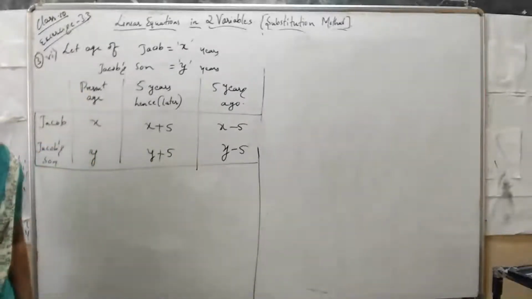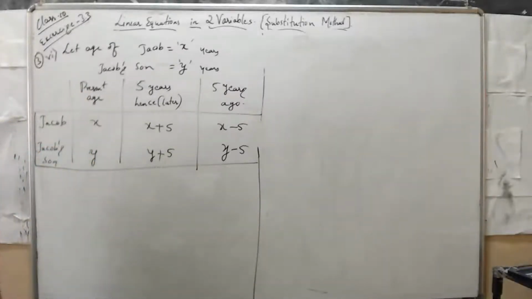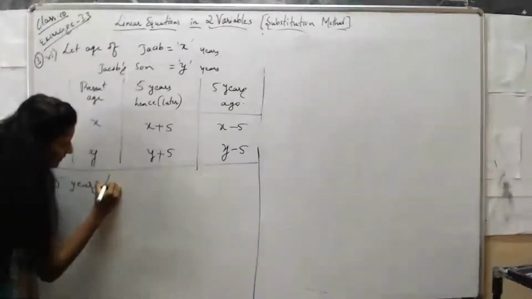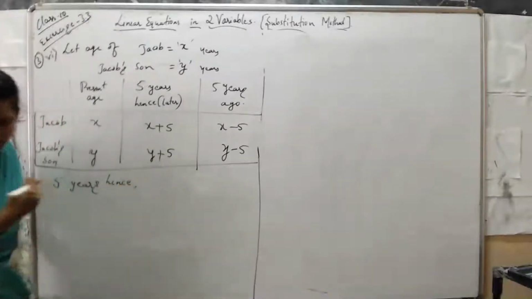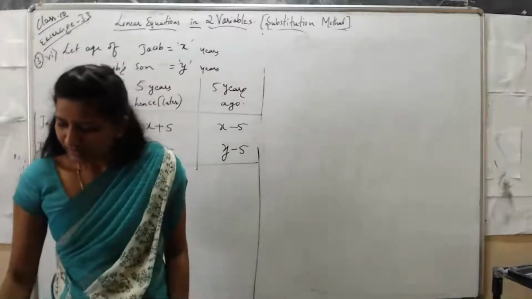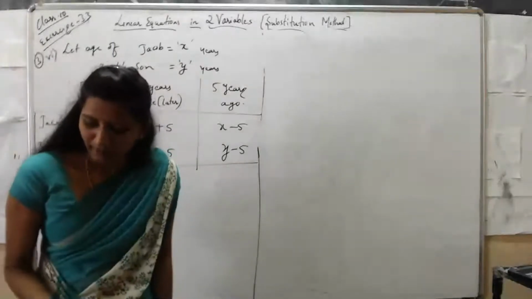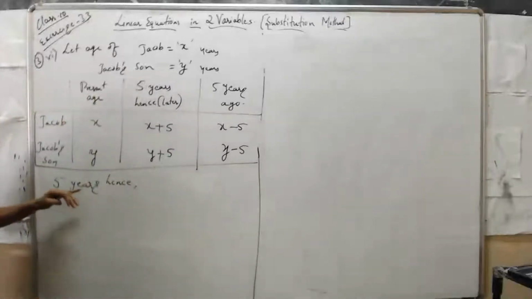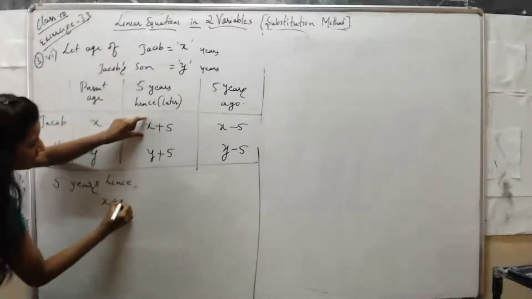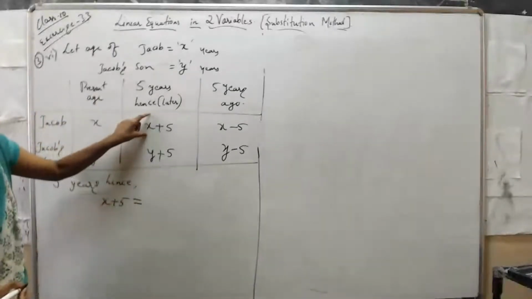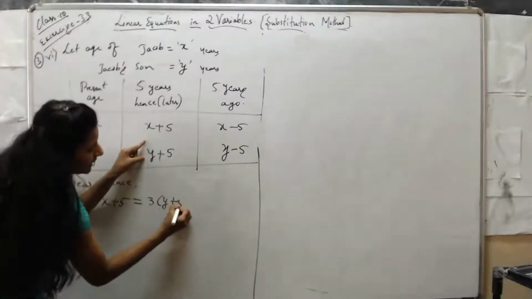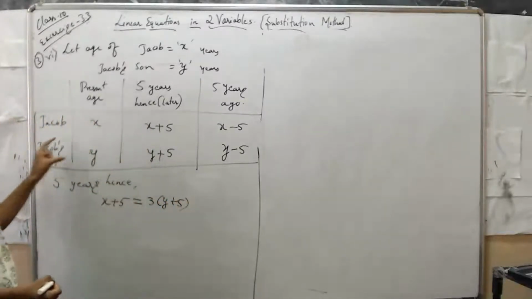Now see, 5 years hence means later. 5 years hence, the age of Jacob will be 3 times that of his son.